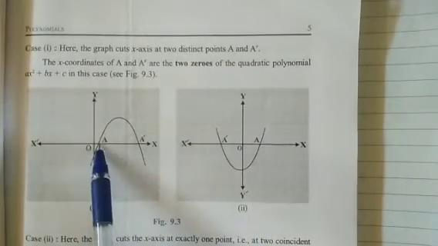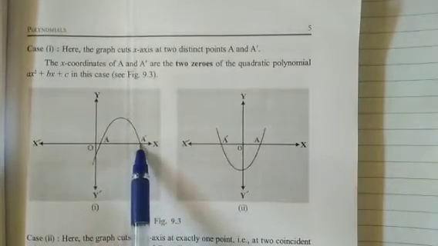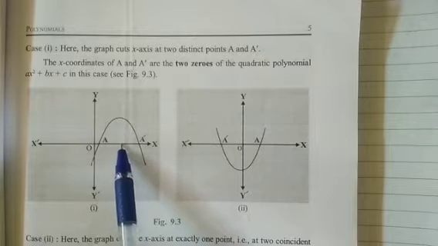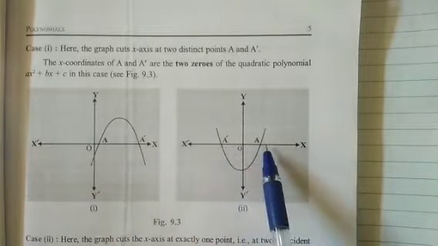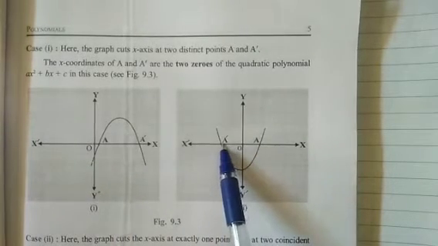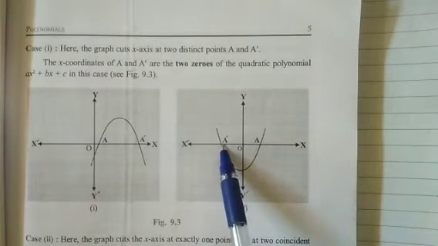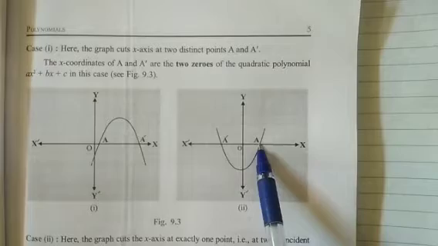You can observe that at these points the 2 zeros can be identified.